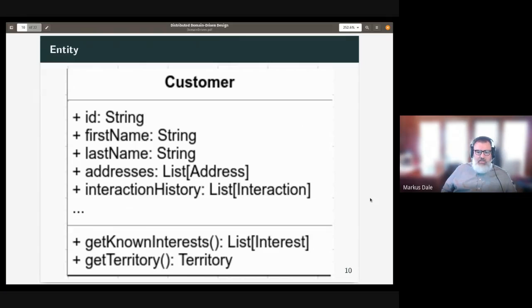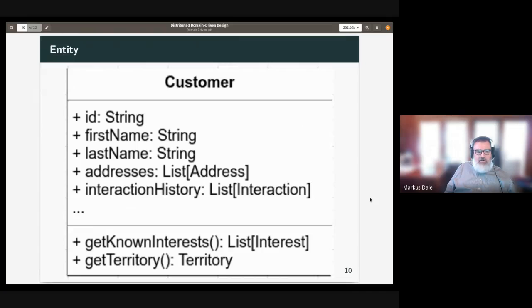The thing about an entity, when you model an entity, is it has to have a unique identifier. So in this case, we have a customer that has an ID. An entity can also have mutable attributes. So for an entity, I have an ID, and then first name, last name. I can change my name. I can have a list of addresses. I can move, so I'm going to update an address.